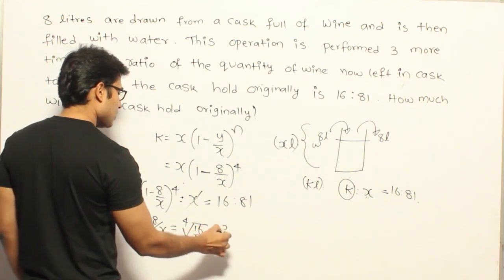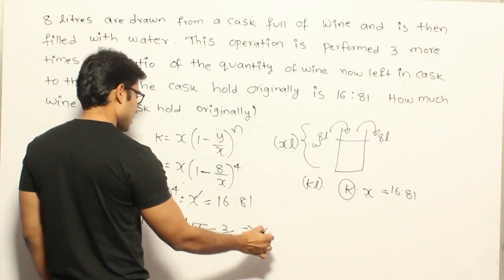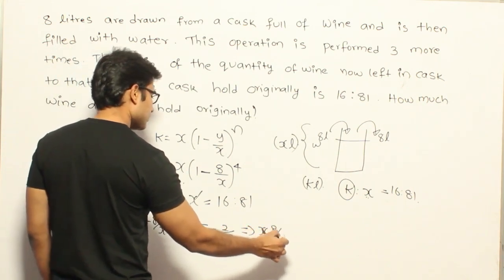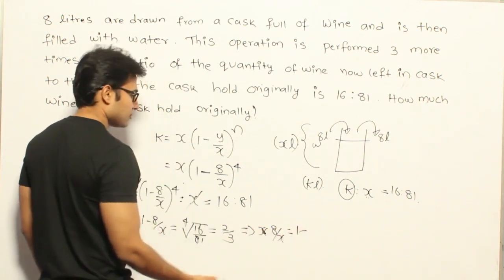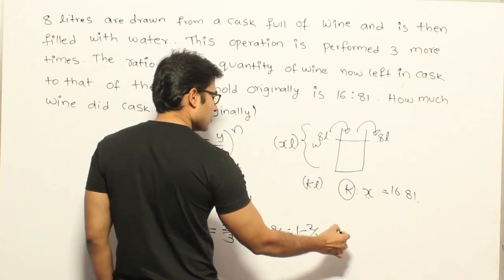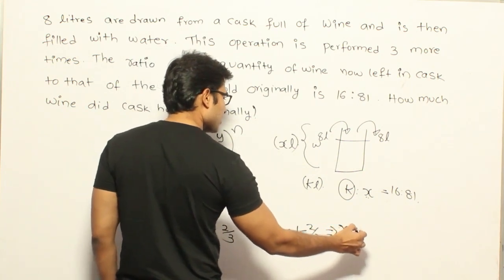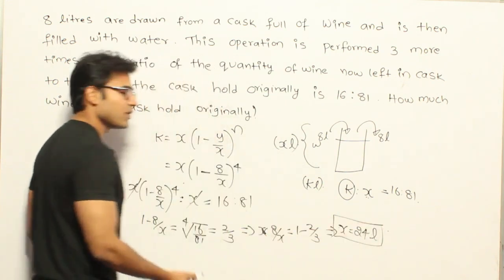So it will be 2 by 3. So what does it mean? 8 by x equals 1 minus 2 by 3. So x will be equal to 24 liters. That is the initial amount of wine present.